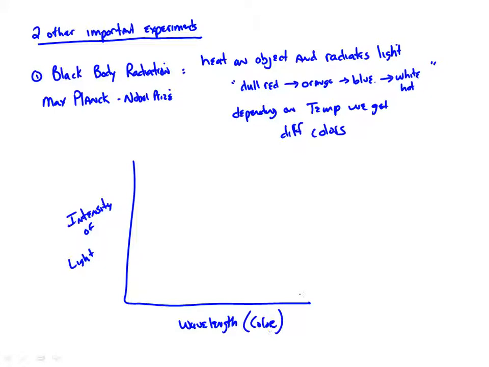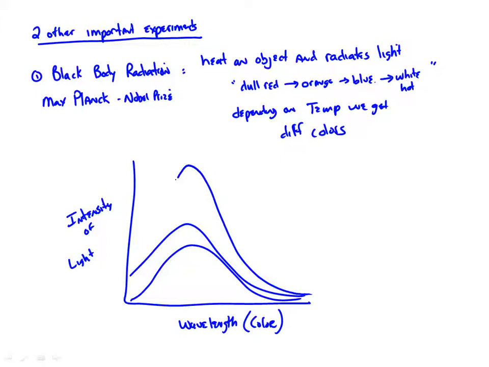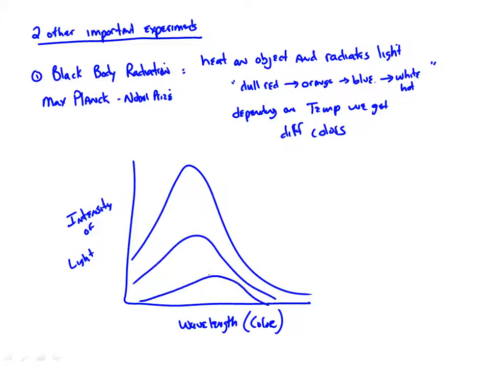So depending upon the temperature, you might get a curve that looks like this, or like this, or like this. So notice the peak shifts. Depending upon the temperature, low temperature here and high temperature here, we should get a different colored light coming out.